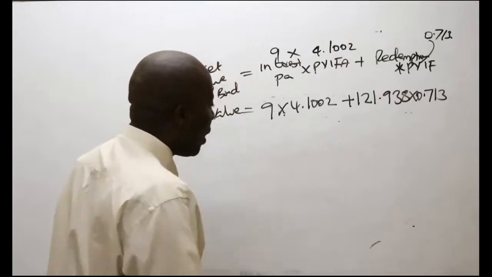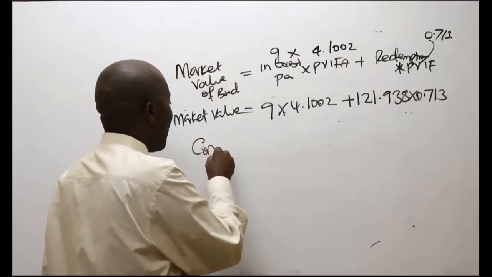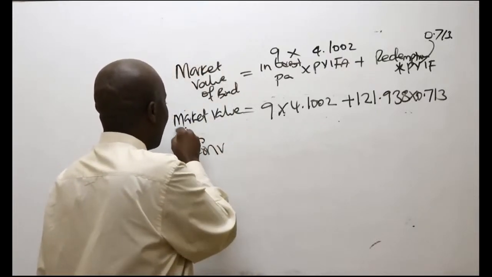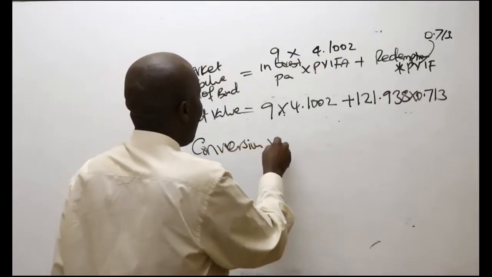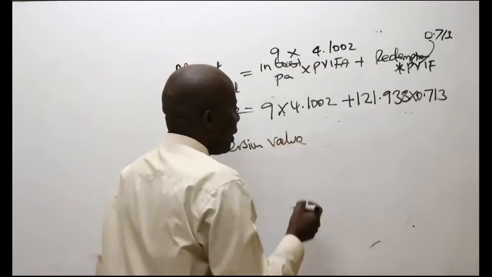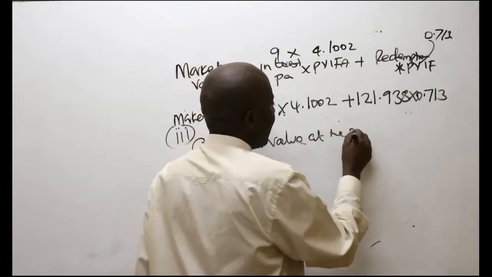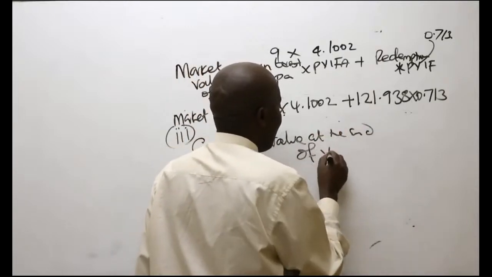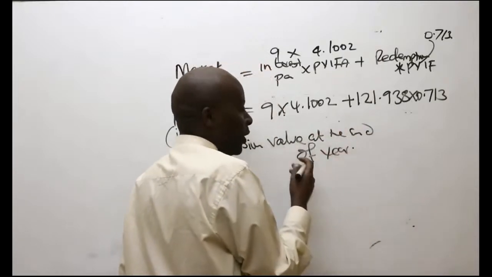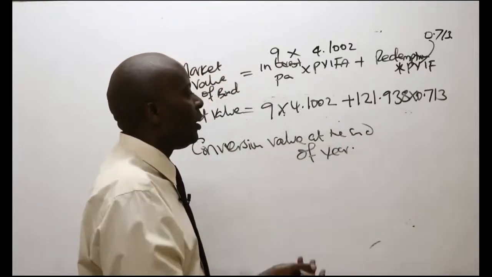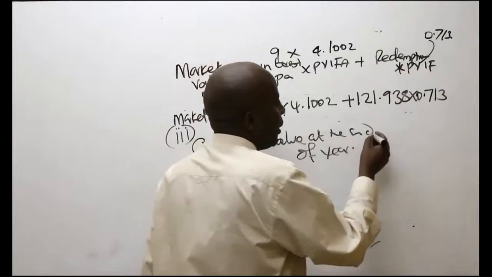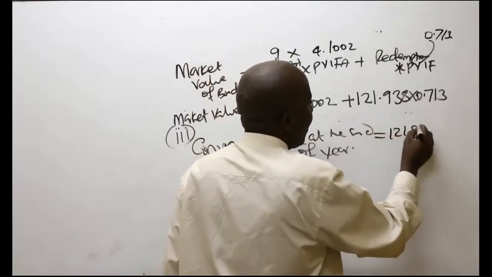we have our conversion value, Roman 3, at the end of year 5. The one that you took the current value, you had it growing. And then, if I remember very well, times 20, which gave us 121.938.